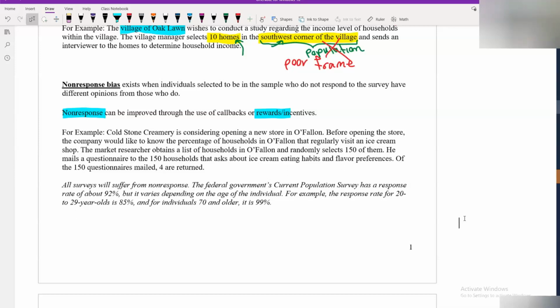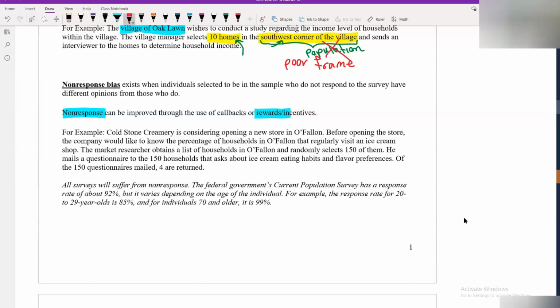Here, considering opening a new store. Before opening the store, the company would like to know the percentage of households in Oakland that regularly visit an ice cream shop. The market researcher obtains a list of households and randomly selects 150 of them.